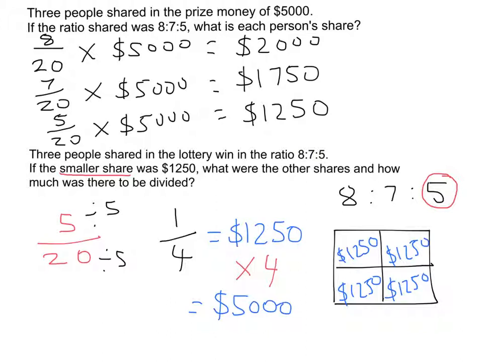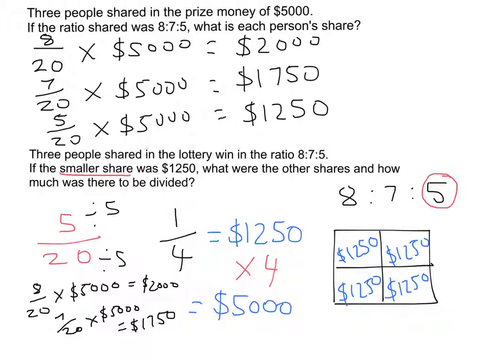For example, all we have to do now is do 8/20 multiplied by the total prize money, and we get 2,000, and then 7/20 multiplied by 5,000, and we get 1,750.